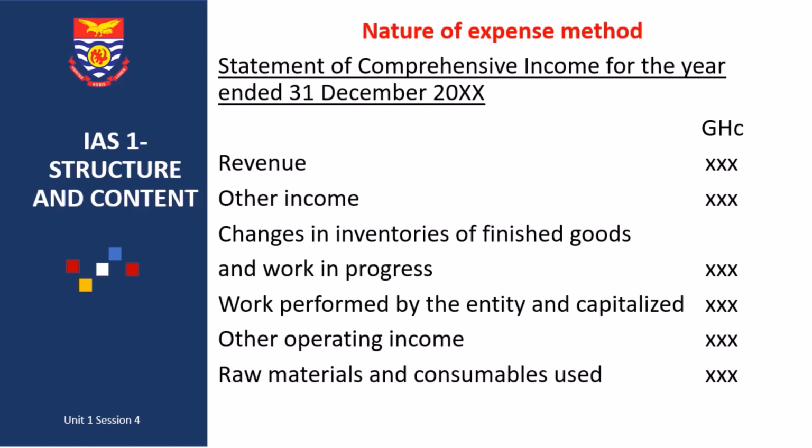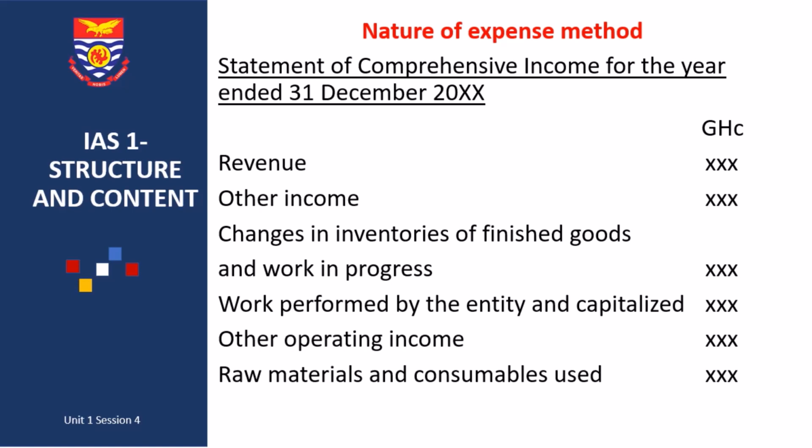Now that is the function of expense. We want to look at the nature of expense. Now when we come to nature of expense, this is how the format looks. So we have your revenue, then we have other income, then there are changes in inventories of finished goods and work in progress. So we bring them line by line.